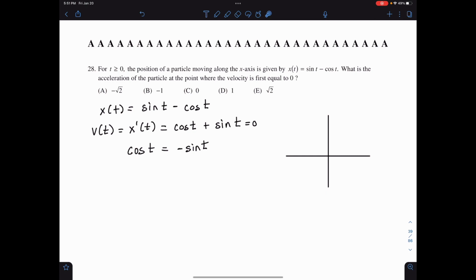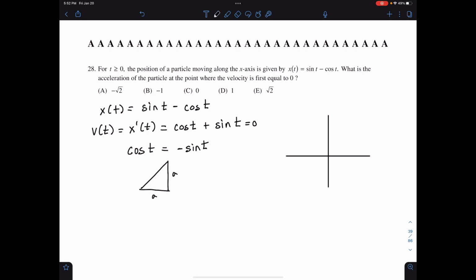And something that helps is if we think about our cosines and sines, there's one special triangle where our sine and cosine values have the same magnitude, and that's when it's a 45, 45, 90 triangle, right? So if you remember, the two sides, A and B, are the same length.